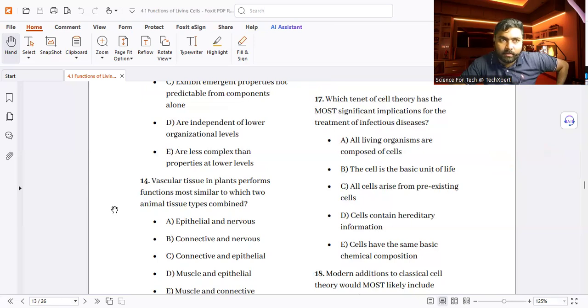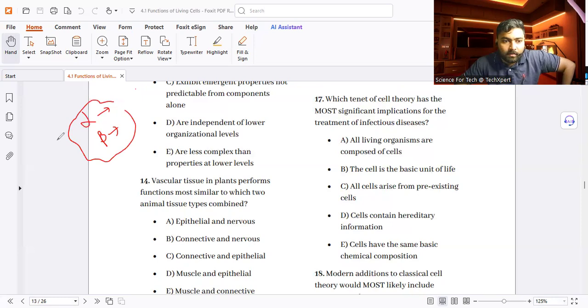There were alpha, beta, delta. If you find any vaccine for alpha virus, it doesn't work for beta virus because the chemical composition is different. Understood?